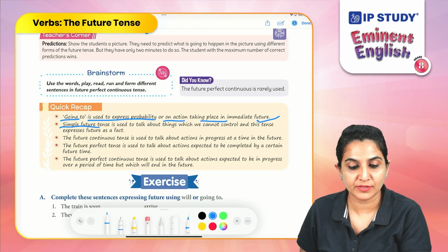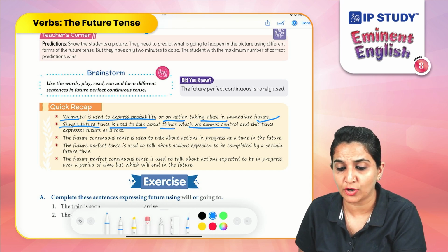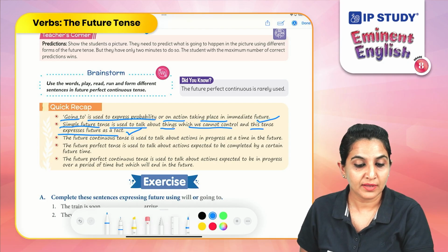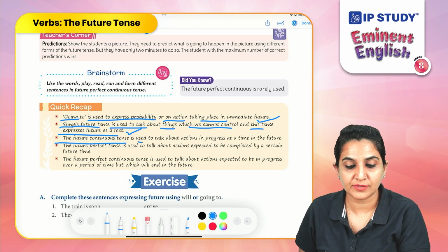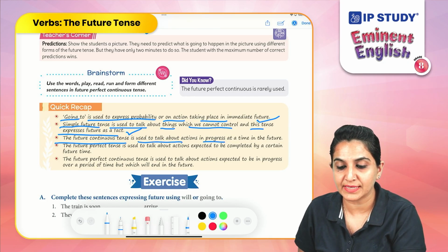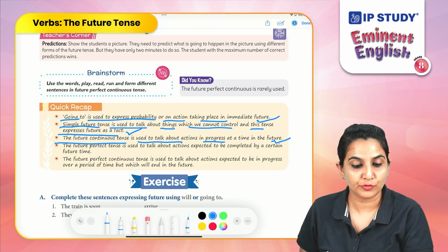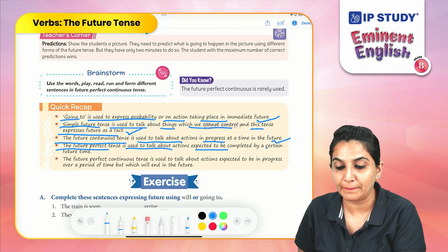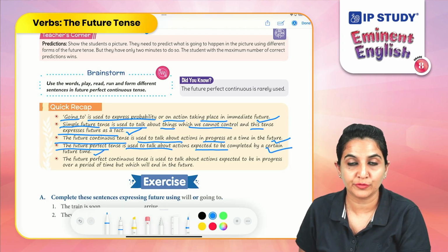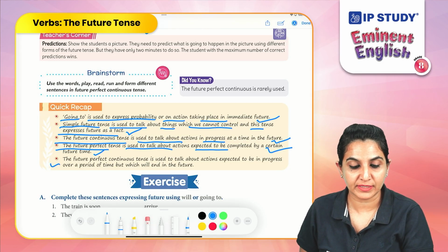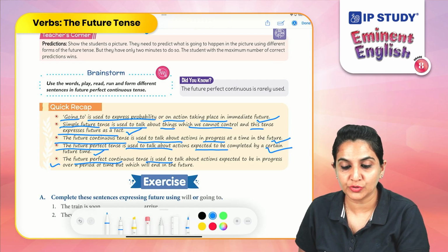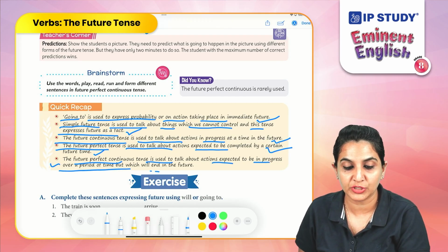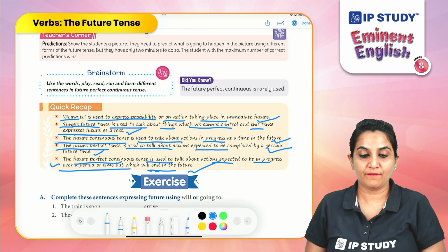The simple future tense is used to talk about things which we cannot control, and this tense expresses the future as a fact. The future continuous tense is used to talk about actions in progress at a time in the future. The future perfect tense is used to talk about actions expected to be completed by a certain time in the future. The future perfect continuous tense is used to talk about actions expected to be in progress over a period of time but which will end in the future.